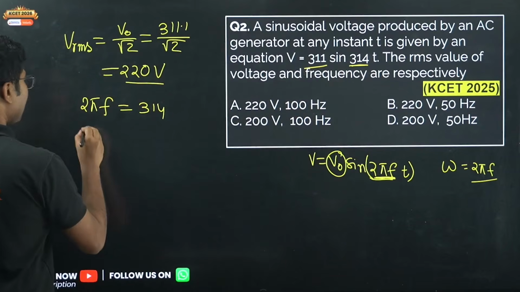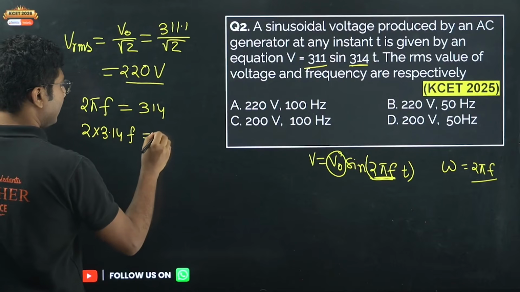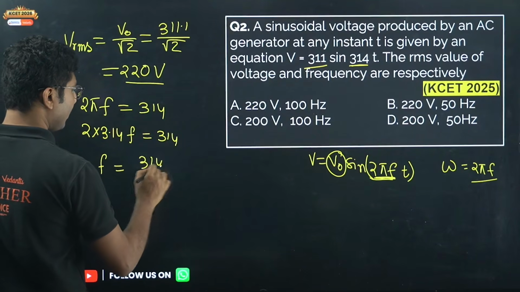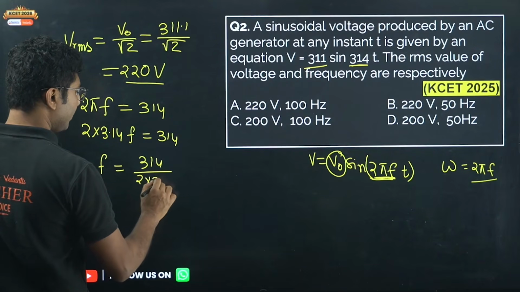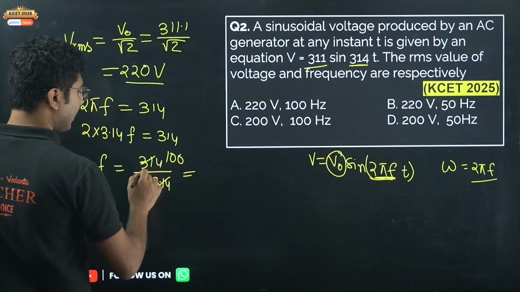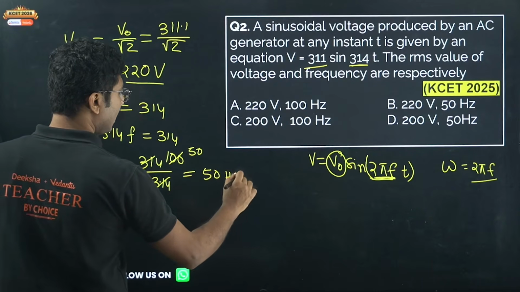What is pi here? Pi is 3.14, so it will be 314. So f equals 314 divided by 2 into 3.14. This cancels, gives me 100, and 100 by 2 gives me 50. So the frequency is 50 hertz.